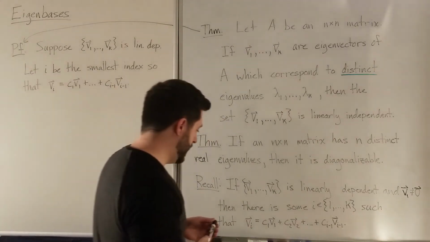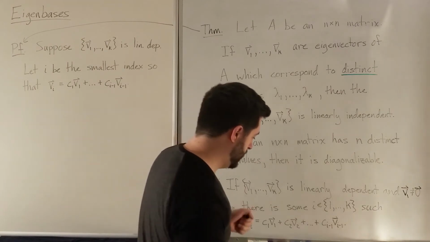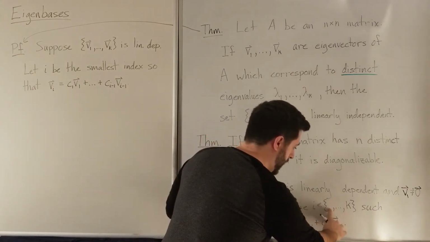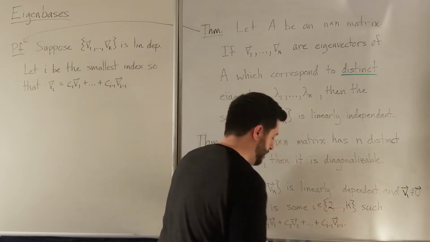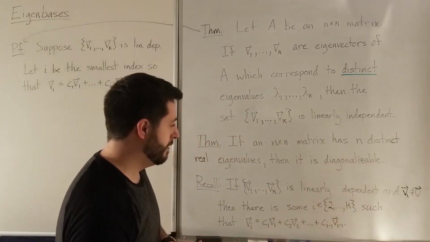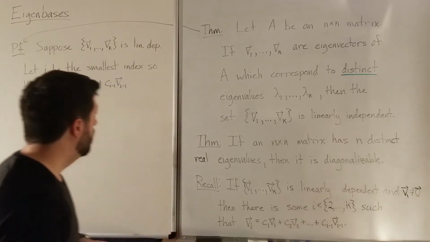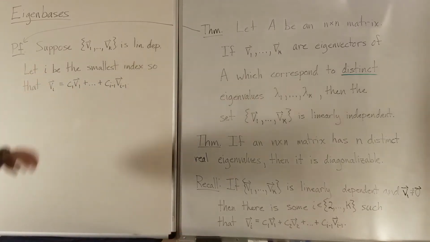And when I do that, then specifically this index i is not allowed to be 1 anymore. Or I don't have to allow it to be 1 anymore. So, on to the proof.